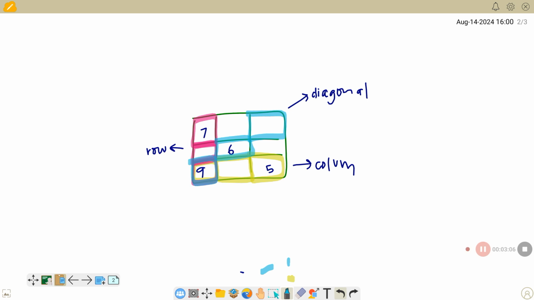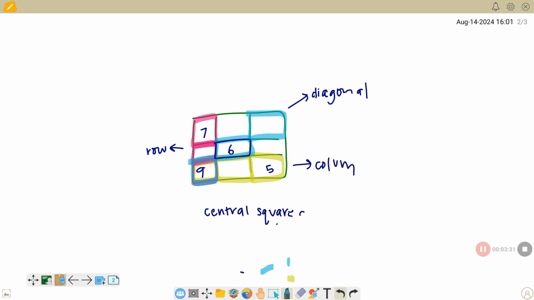Now, the 6, which is in the middle, is our central square. Great. Now that we've identified each different part of our square, let's start solving.